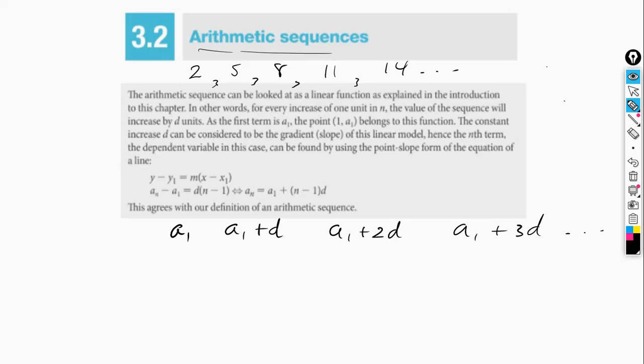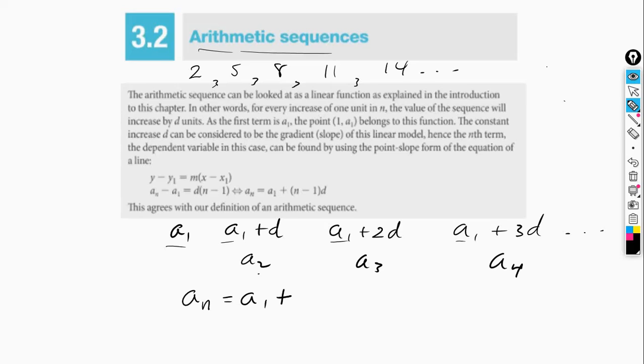Here you see a pattern. This would be the second term, this the third term, this the fourth term. You could say that the nth term is equal to the first term, since they all have the first term, plus the index-related multiple of d.